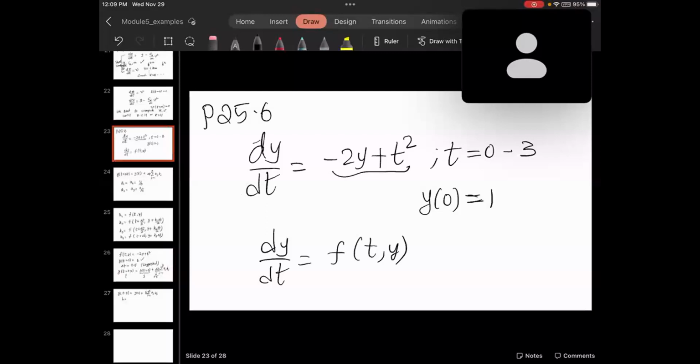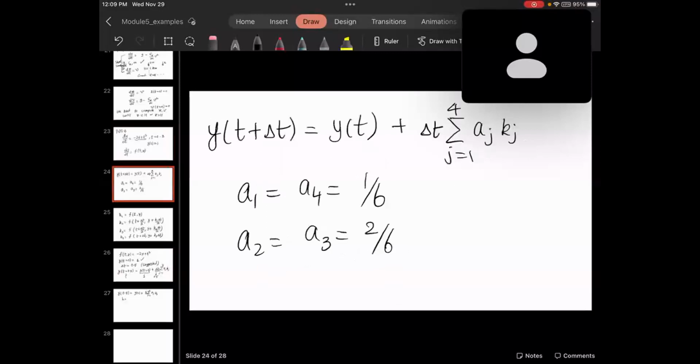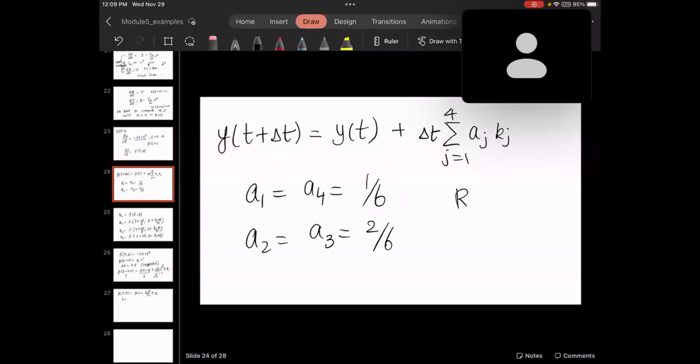Okay, so we started with writing down the RK4 method. This is just the formula which you need to know. Either you can bring a sheet of notes, or this will be provided to you. But what we are going to see today is how to use the formula, or how to do the calculation. So we have y at t plus delta t equals y of t plus delta t multiplied by the summation of aj kj.